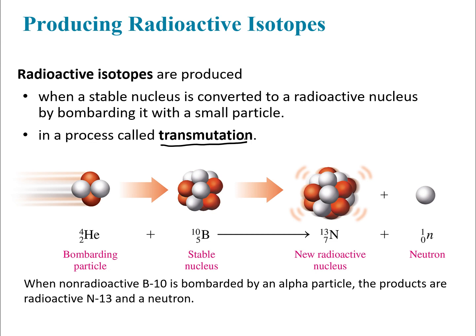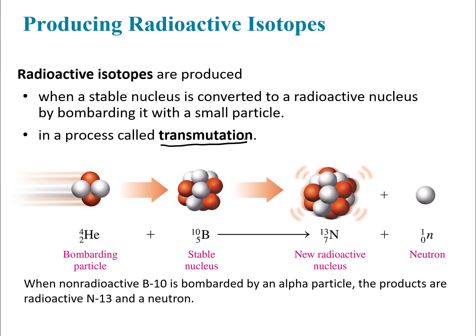So when we talk about nuclear medicine, there has to be a way to make this stuff. So one of the ways is by transmutation, taking something stable, hitting it with a particle, and making something else that's unstable.